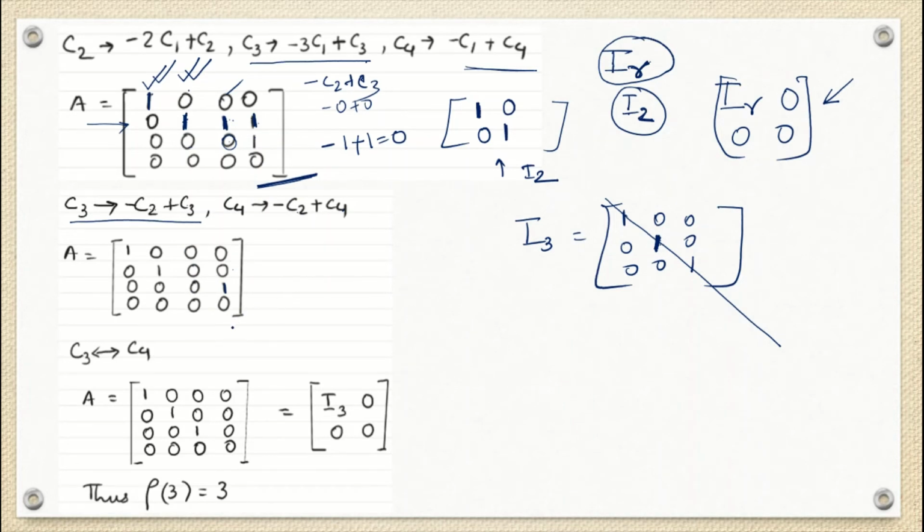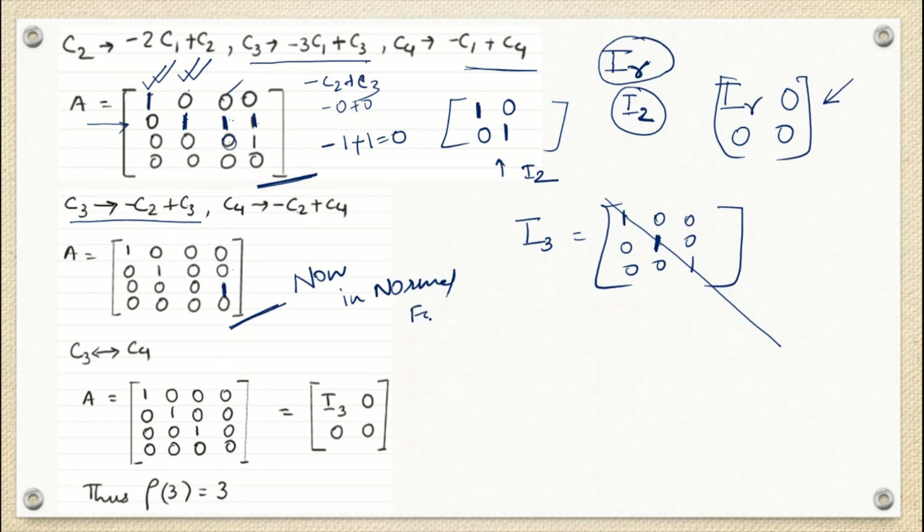Okay, can I say that this matrix is in my normal form? Because I can say that only zeros and ones are present, that is fine. And in each and every row only one non-zero element is present, that is also 1. And here this is 0, that is okay, right? Because this is your 0 row. But still this is not in my normal form. And the reason is what?